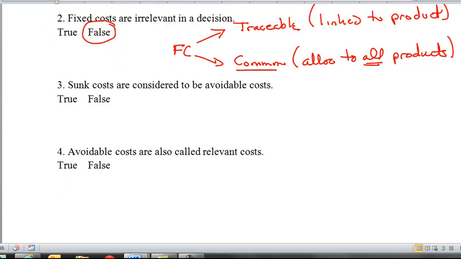3. Sunk costs are considered to be avoidable costs, and this is false. Sunk costs are what we call unavoidable. And this is because the expense has already occurred.